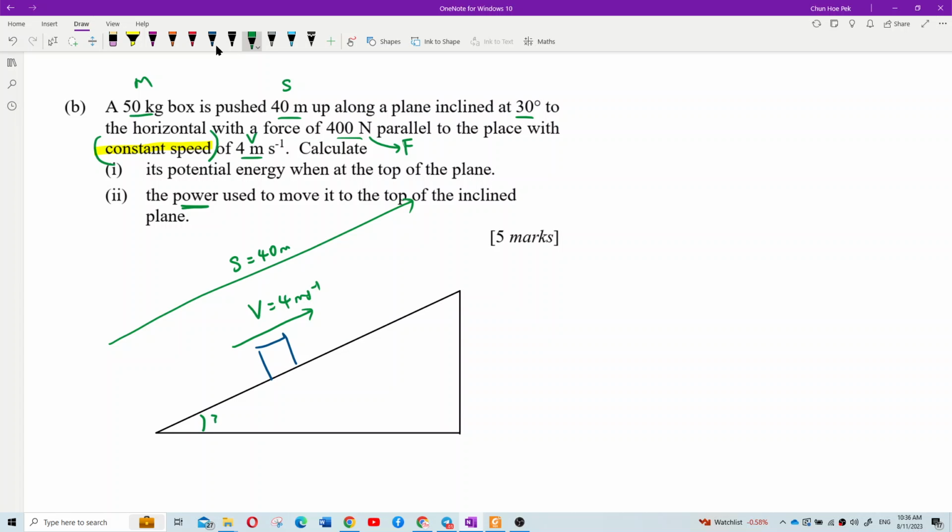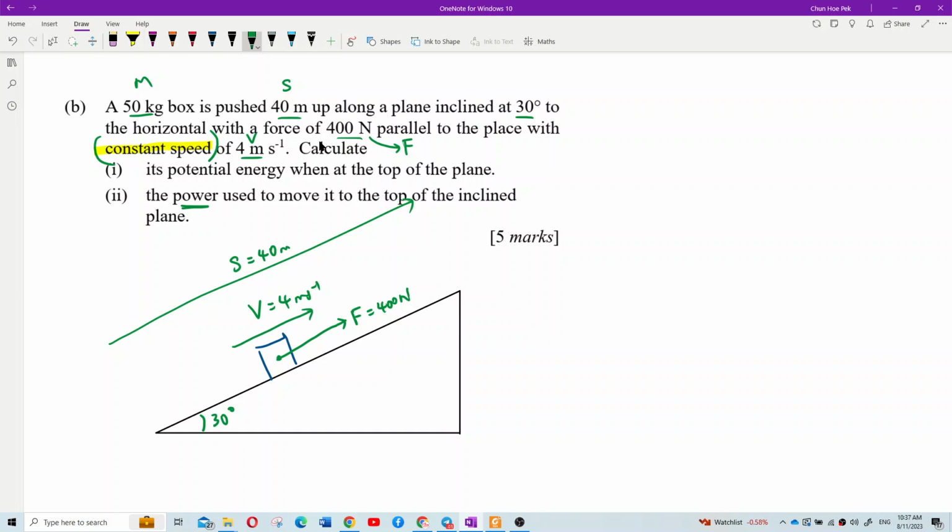This is a 30-meter inclined plane. Push up with this plane at 30 degrees to the horizontal, and with a force of 400 Newton parallel to the plane. This is a force F, 400 Newton.